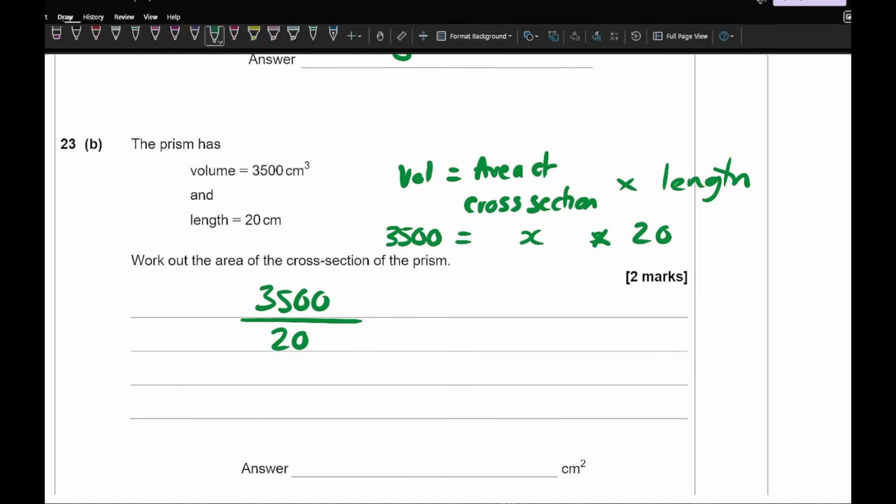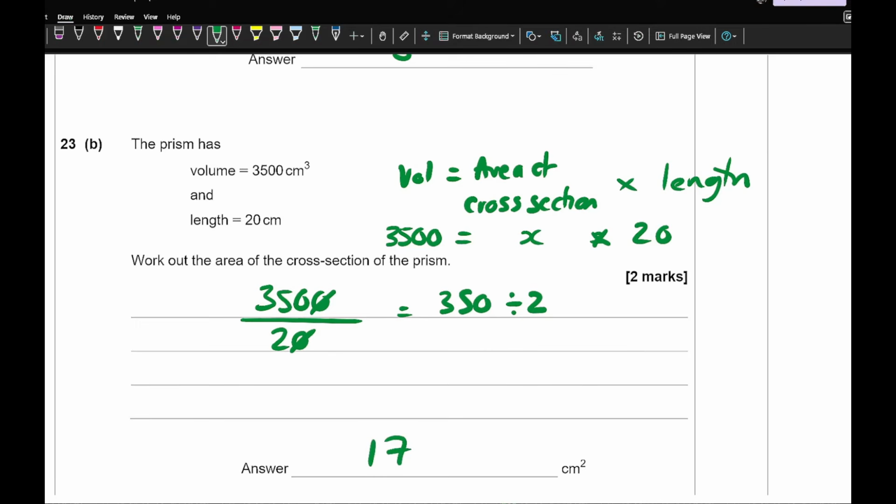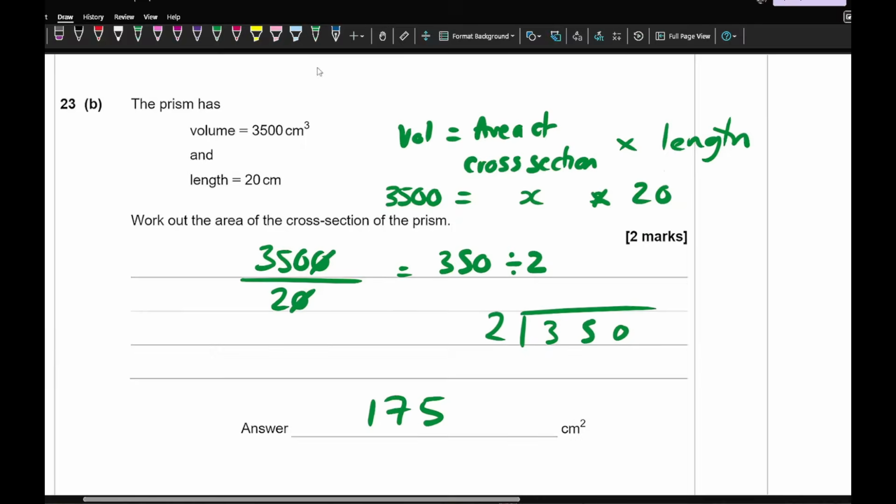To work this out, we can either use long division, or we can cancel the zeros. So I'm going to do 350 divided by 2. Halving 350 gives me an answer of 175. If you're not sure how I did that, we can use the bus stop method for division, or half 300, half 50, and we get an answer of 175.